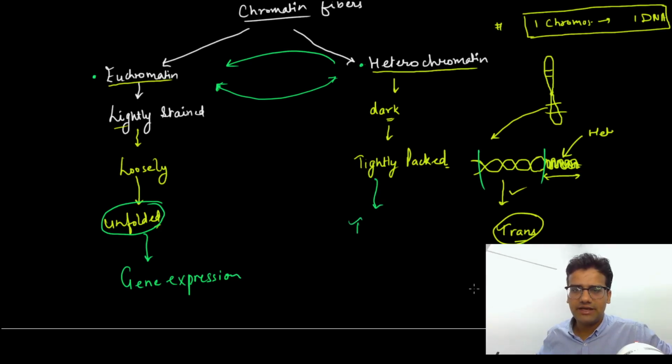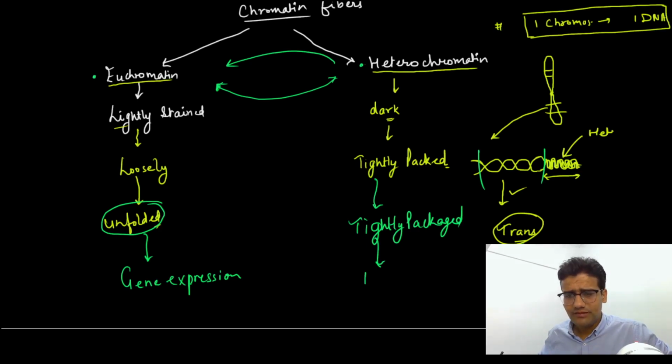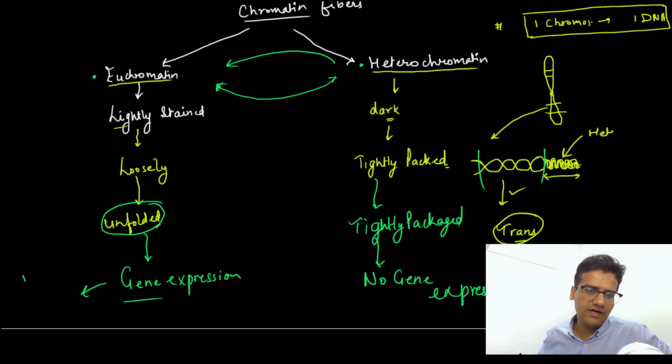This is the tightly packaged part, and in this tightly packaged part there is no gene expression. If there is no gene expression, then there is no transcription activity. So this is transcriptionally inactive, and this is transcriptionally active.